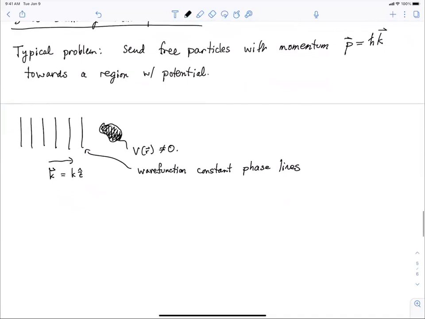Okay, and so let's describe that wave function. We know how to write down a plane wave. There's some normalization factor which we're going to take to be 1 over 2 pi to the 3/2, which is really pretty arbitrary. It's like the freedom to choose A in the one-dimensional problem, times e to the i k dot r.